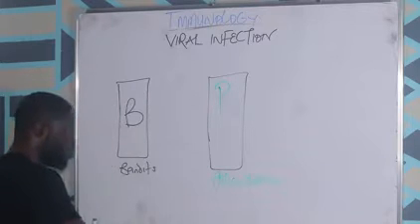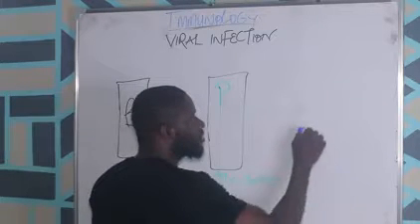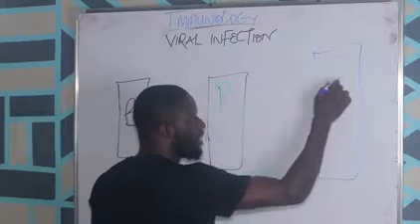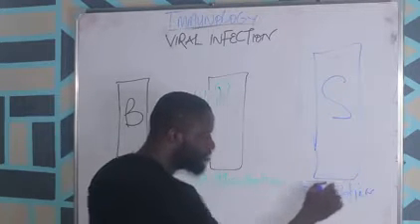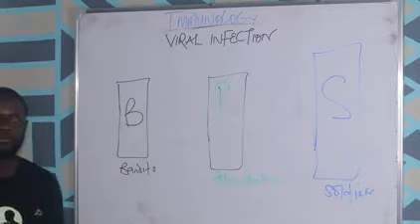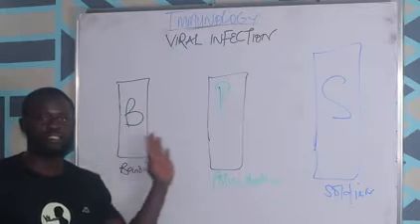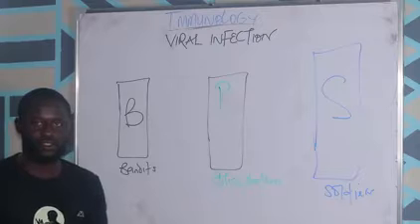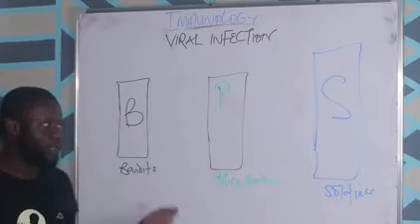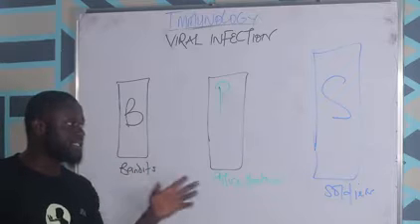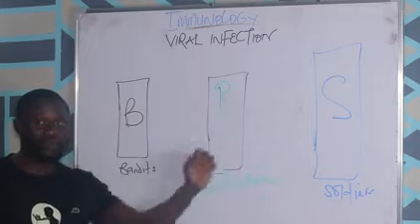And I'm going to use S to represent soldiers. Okay? So now I'm going to use these three items to give us a bigger picture of what we'll be looking at. So B for bandits, P for police station, and S for soldiers.